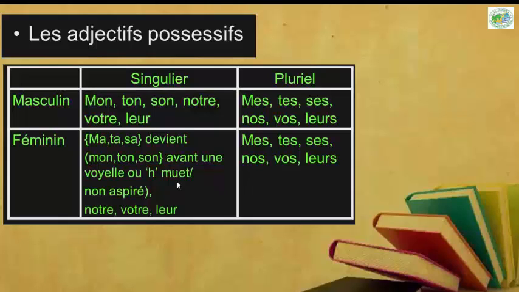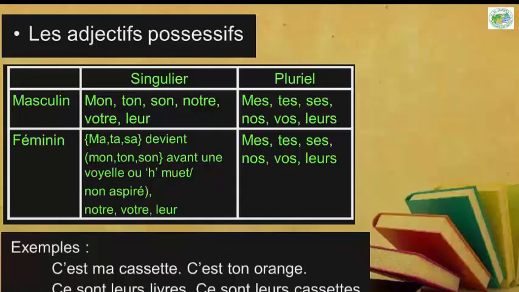Ma, ta, sa, we use them for the feminine singular nouns that start with a consonant, like ma gomme, ma règle, ma trousse. But you don't use them with the singular feminine nouns that start with vowels. Okay?